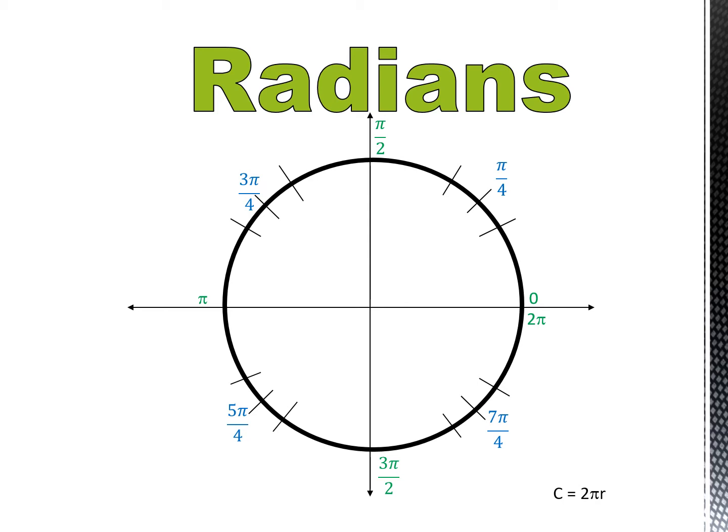The next one is 3 pi over 4. Continuing on, you have 4 pi over 4, reduces to 1. And then you have 5 pi over 4, and then 6 pi over 4, reduce, and then 7 pi over 4. And then finally, 8 pi over 4 reduces down to 2 pi. Okay, so if you have a hard time remembering, it's just 1 over 4, 2 over 4, 3 over 4, 4 over 4, 5 over 4, 6 over 4, and 7 over 4.